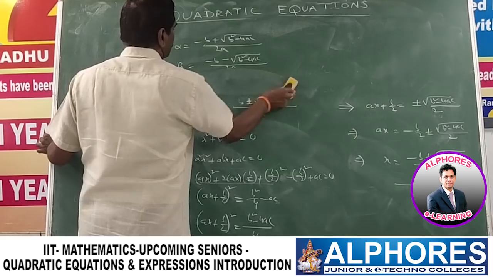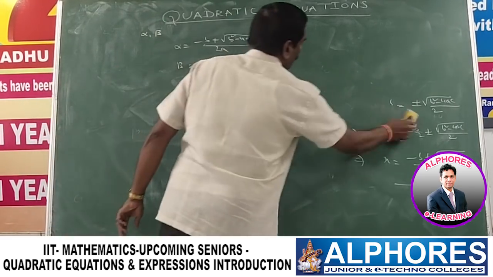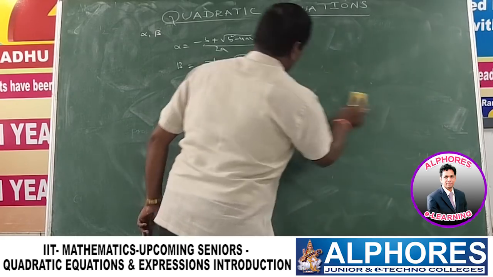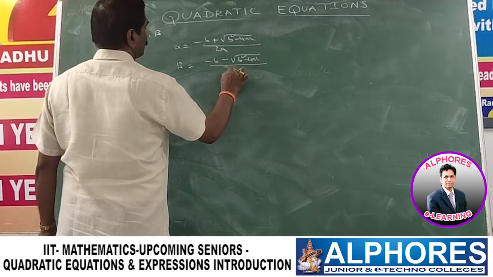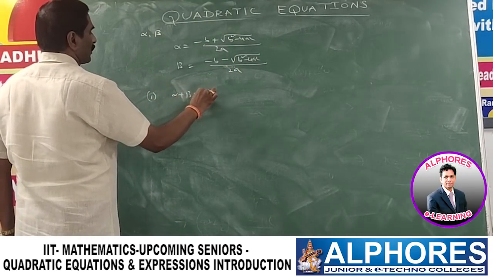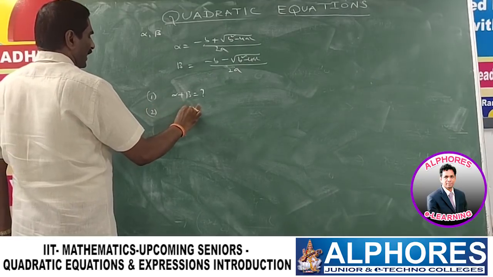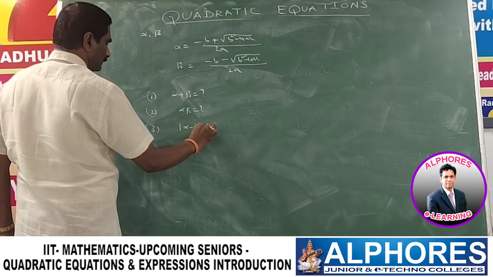Now we find the sum of the roots, product of the roots, and difference of the roots in the following way. What is the value of the sum of the roots, that is alpha plus beta? Alpha beta is how much? Difference of the roots is how much?